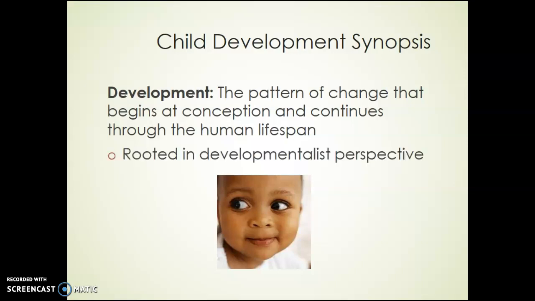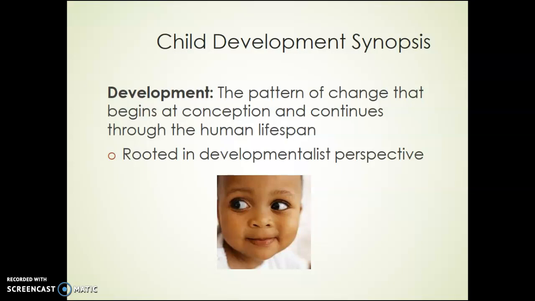And when we think of development, we can think of these patterns of development based on a variety of developmentalist perspectives. And so maybe you've heard us talk about Jean Piaget, Erik Erikson, B.F. Skinner, Freud, these other developmental theorists. These folks studied development and really found the different patterns in the different areas of development.